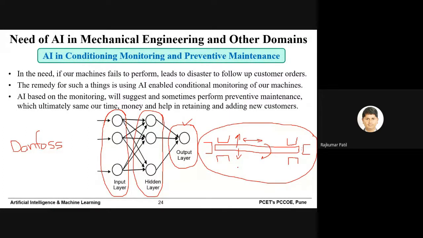If any such failure occurs at any of the sites, the manager directly receives a message that we need to carry out maintenance, and accordingly the service team is deployed to that particular site. Such condition monitoring techniques are already being deployed at various positions in order to plan maintenance.